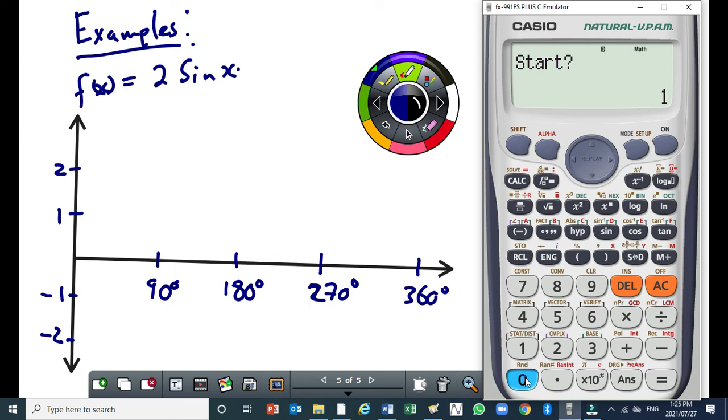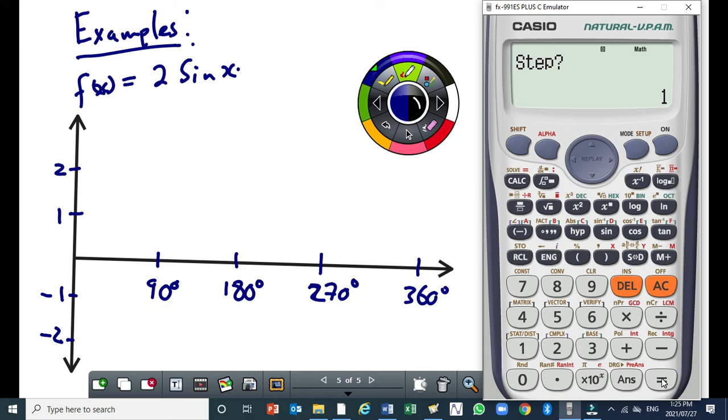So we are starting from x equal to 0. Then you press equals. Then when it says end, that's the maximum value of x, so that will be 360. Then you press equals. Then it says step.